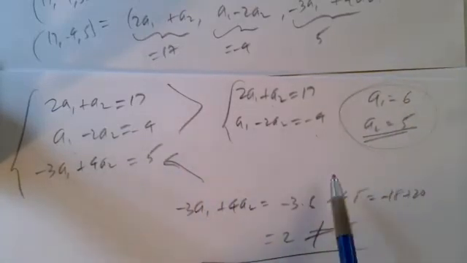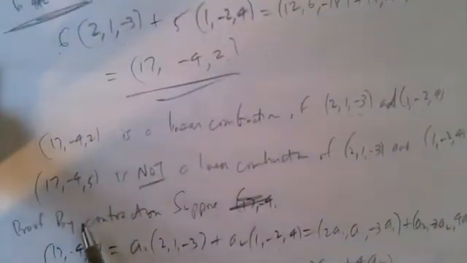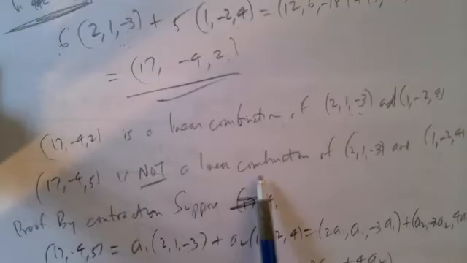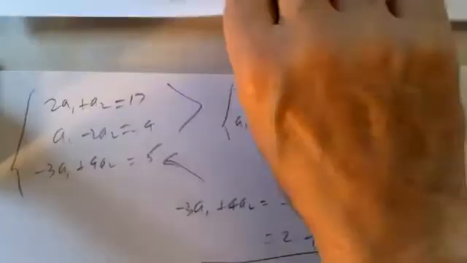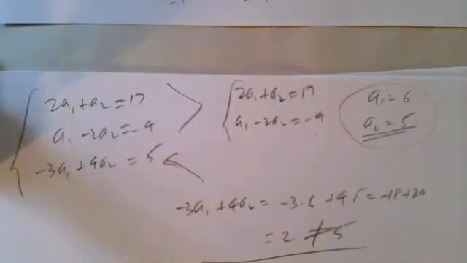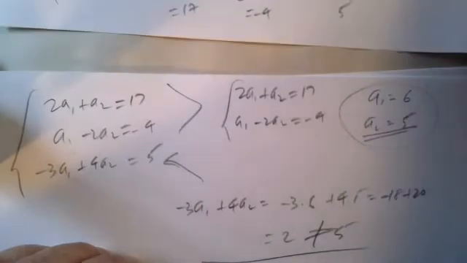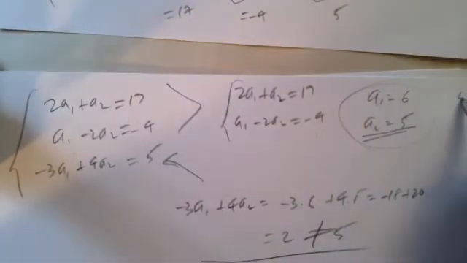These have to be the solutions, but it doesn't satisfy the third. So that proves that (17, minus 4, 5) is not a combination of these 2 vectors. So some vectors are linear combinations of 2 others, and some are not, right? That's just what happens.